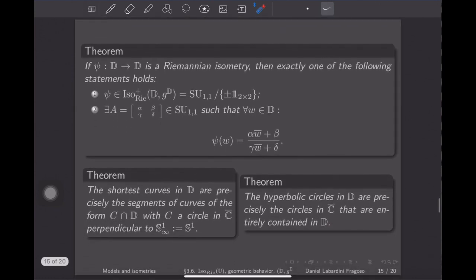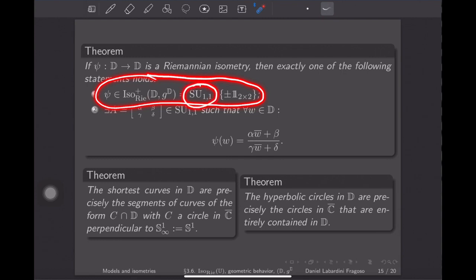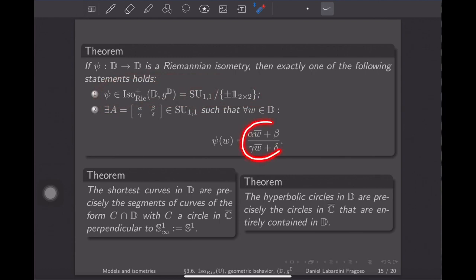And then, explicit formulae for all Riemannian isometries of the Poincare disk. So any such Riemannian isometry is either the Mobius transformation associated to some element in SU11, or it's a modification of Mobius formula for some matrix in SU11.